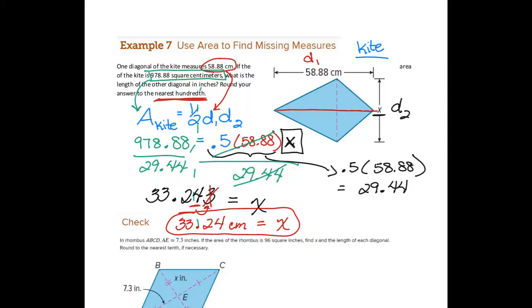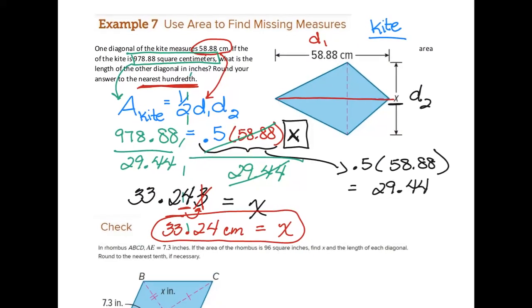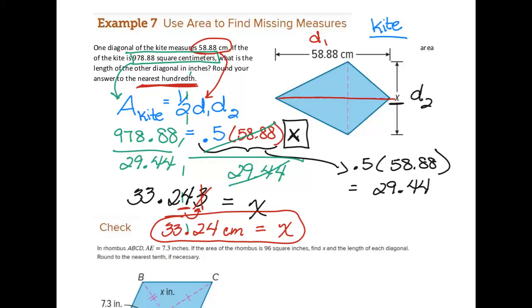I saw some puzzled looks there. Are there questions? You always start with the formula and then you substitute the values they give you in the problem. So for this problem, they gave us the area of the kite. So make sure you substitute and place that. How did I know that was the area? Because it said square centimeters.